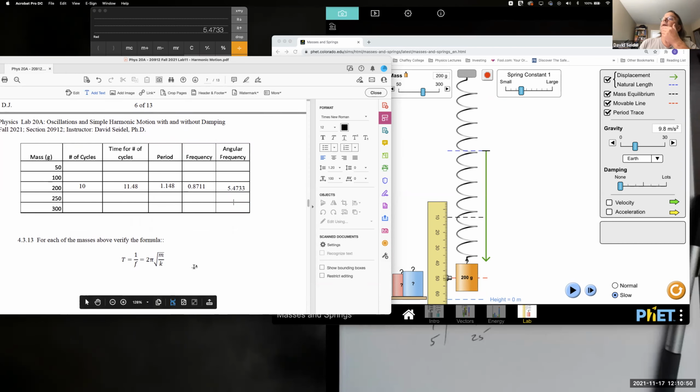Okay, for each mass, verify the above formula that the period T is equal to 2 pi square root of m over k.